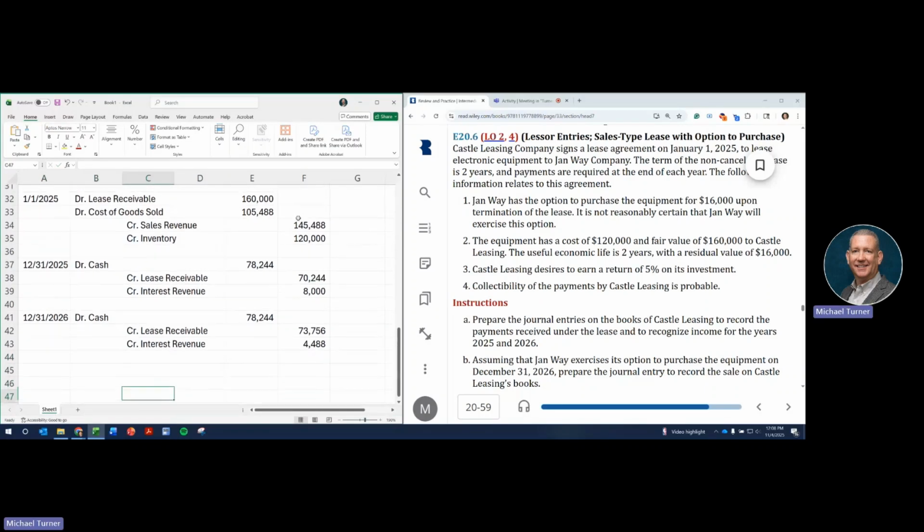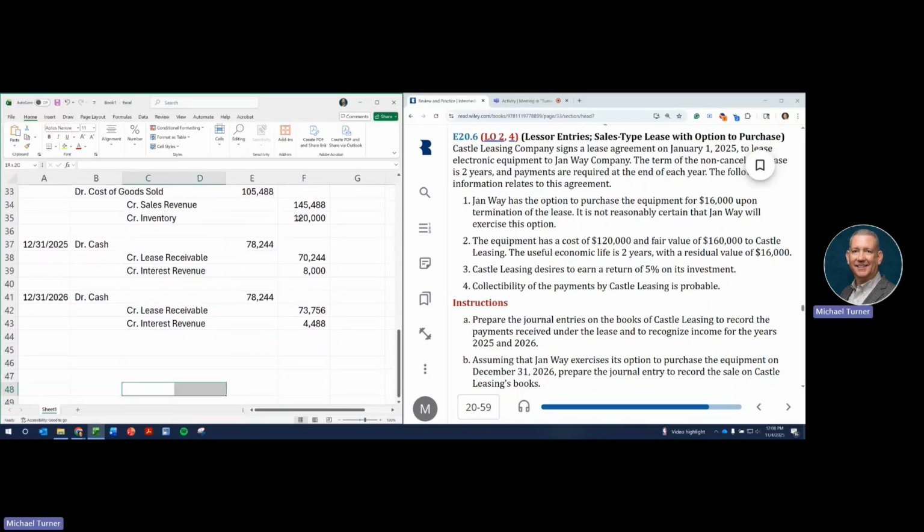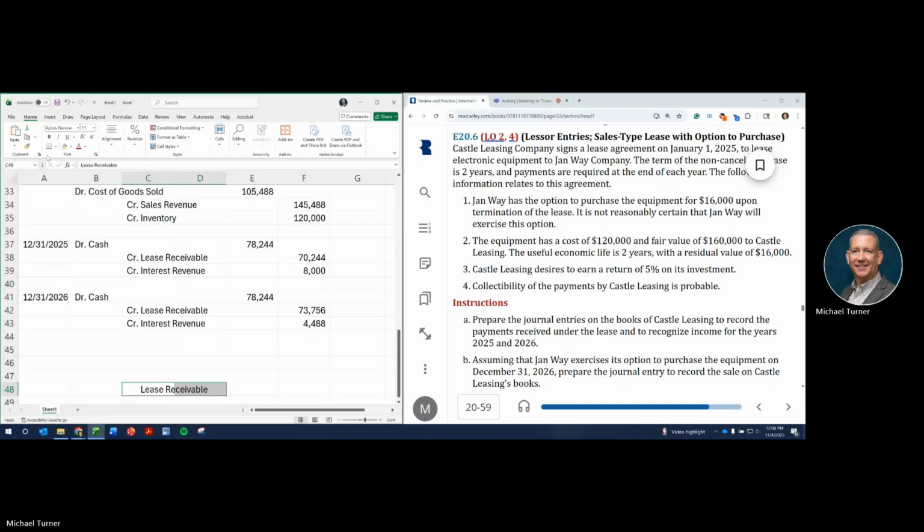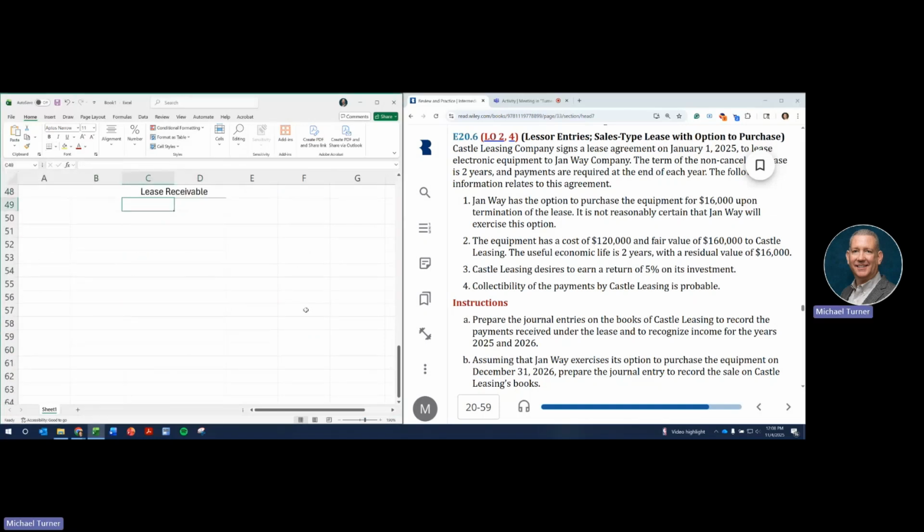So if we were to put a T account together, let's do a T account real quick for lease receivable. I want to see what is going on inside of this account. All right, so we will set it up here.